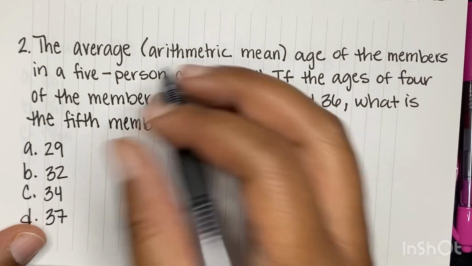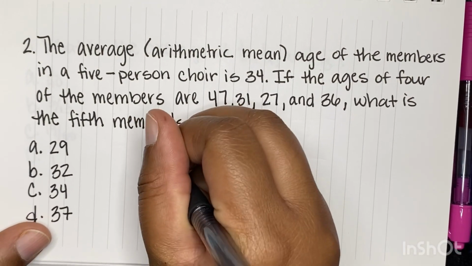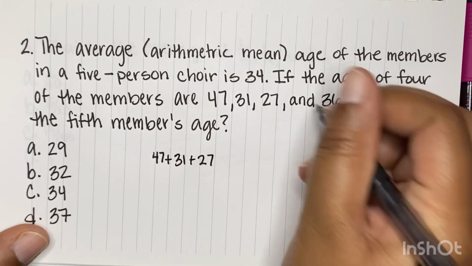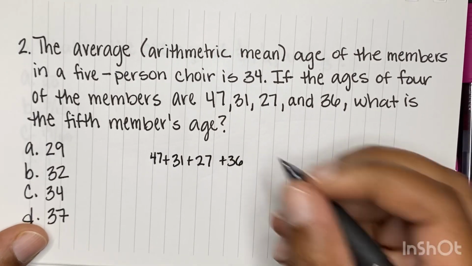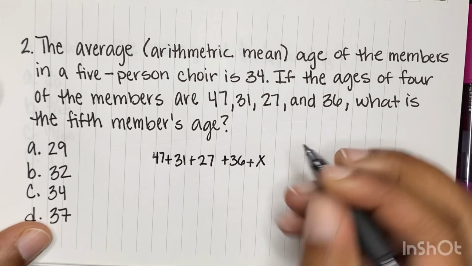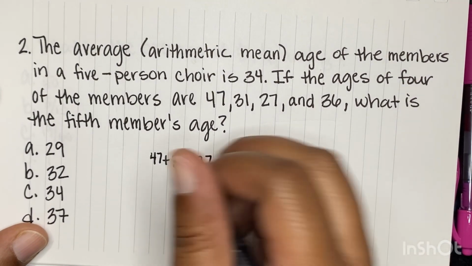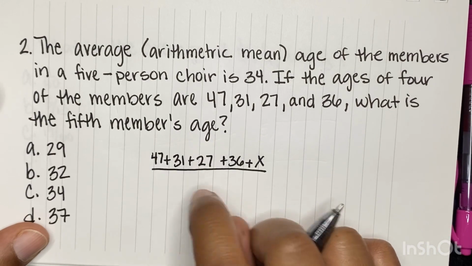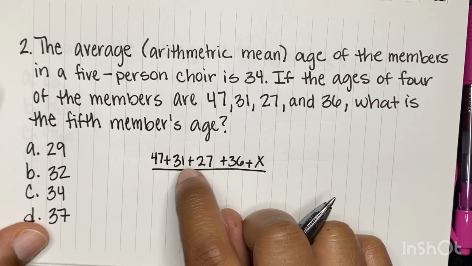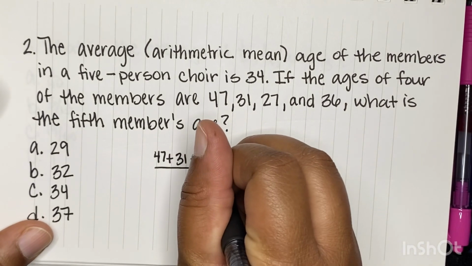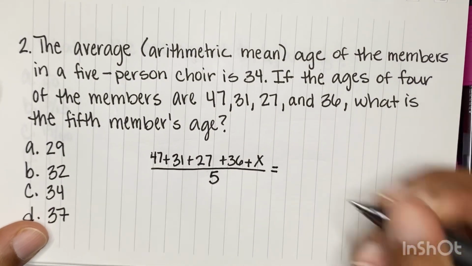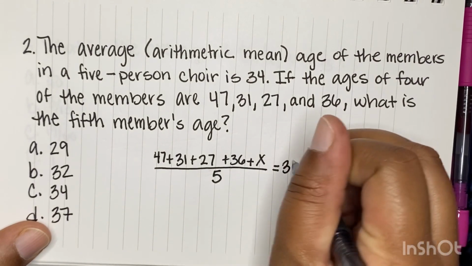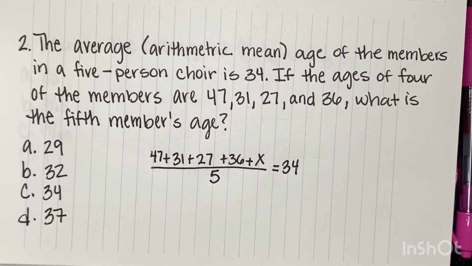So we're going to add up 47 plus 31 plus 27 plus 36, and we are going to add an X here because we don't know the 5th member's age. When you're finding the average, you add up the total and you divide by how many you added up. So 1, 2, 3, 4, 5. I'm going to divide by 5. And they told me what my average was. It was 34. So now we're going to solve for X.